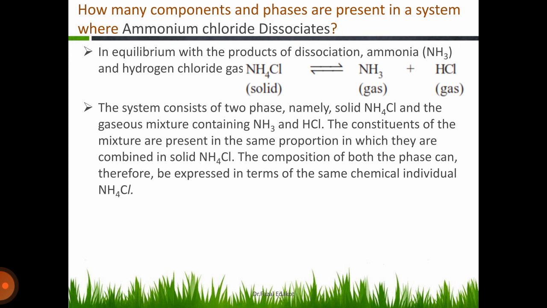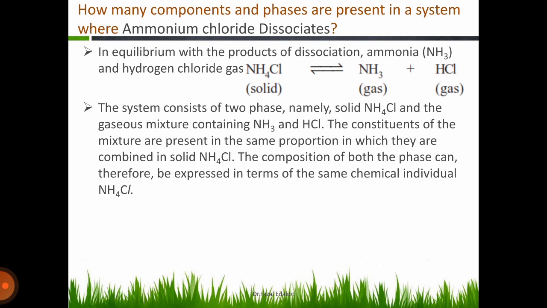The constituents of the mixture are present in the same proportion in which they are combined in the solid NH4Cl. Here you have an interesting point: when 1 mole of NH4Cl dissociates, you will get 1 mole of HCl and 1 mole of NH3. That's the stoichiometry.